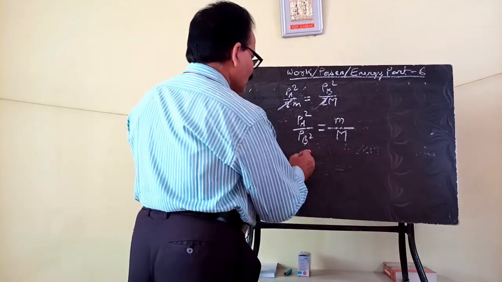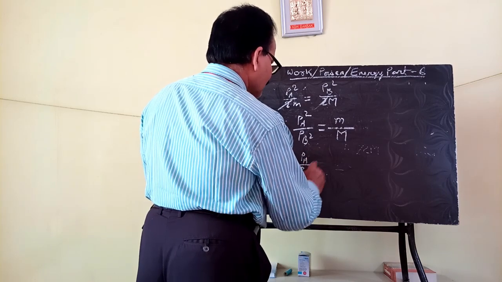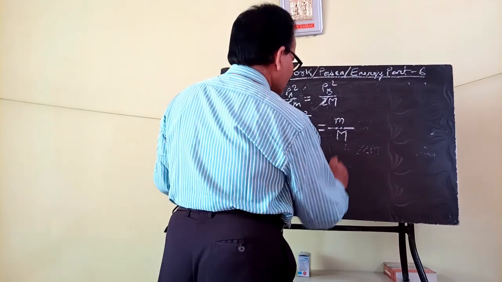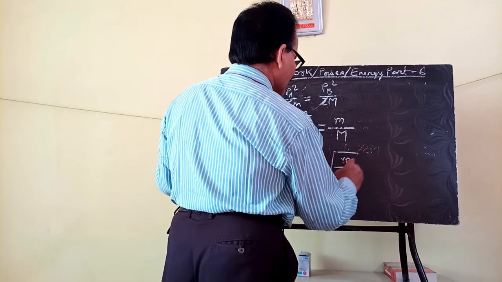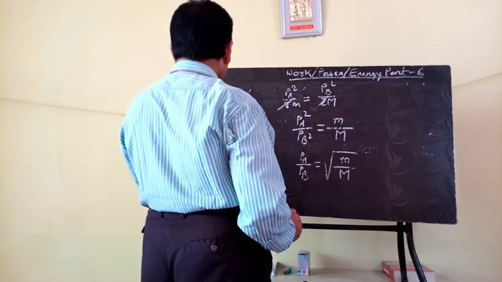Okay, clear? So PA by PB must be equal to square root of small m by capital M.